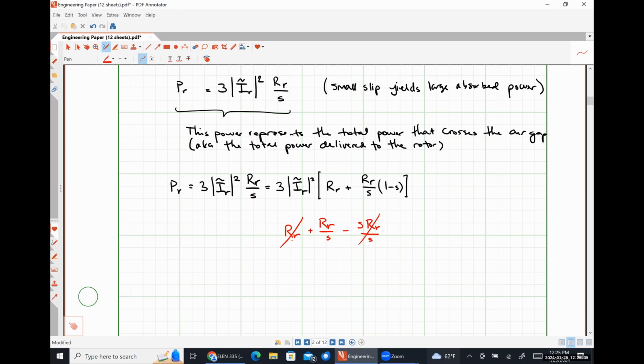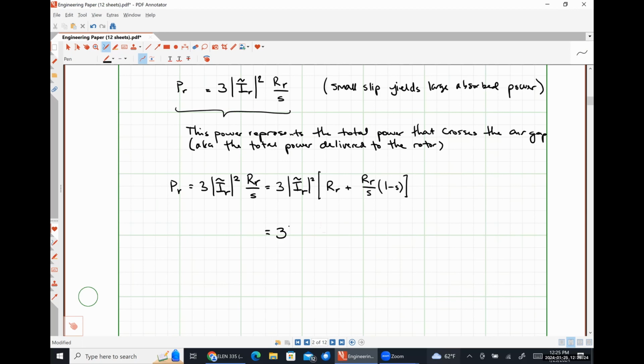And I'm left with just that rotor resistance over S that I had originally. So I'm just playing around with the algebra here. The reason why is because this will let me break this into 2 discrete parts, right?